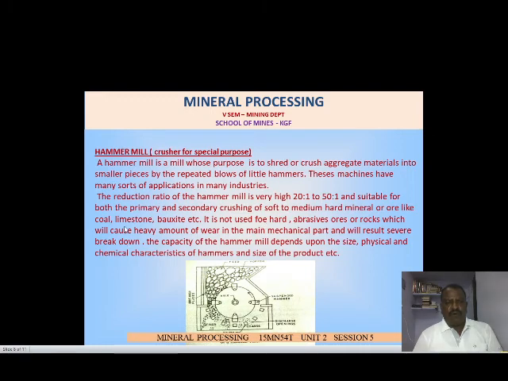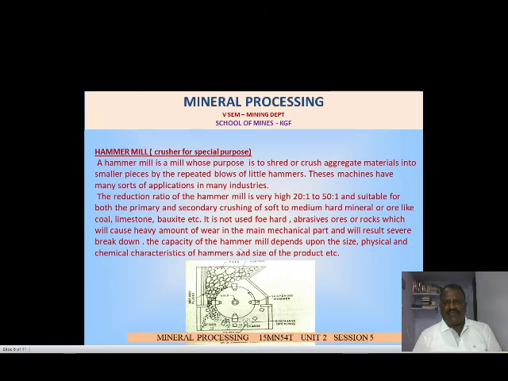Ores like coal, limestone, bauxite. It is not used for hard material, abrasive ores or rock, which will cause a heavy amount of wear and tear in the mechanical parts and result in several breakdowns.